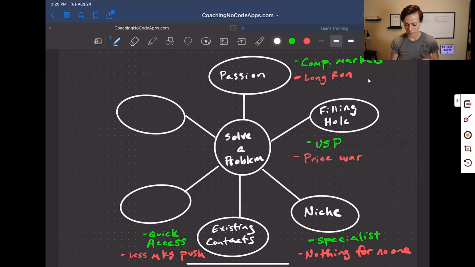Now, the next thing, we have two more here, is unique skill set. Now, this is an interesting one that I really like. And it's kind of similar to the passion factor that we first talked about, but having unique skill sets can give you a major leg up.